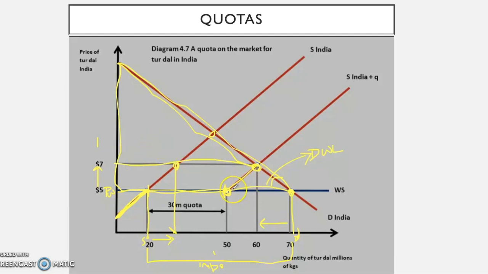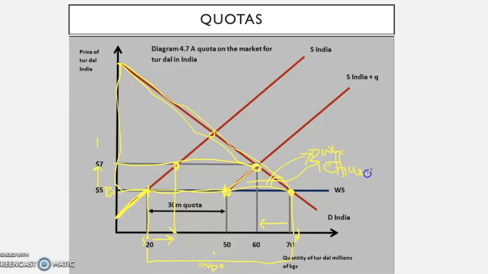Good. On this side of this triangle here, this is saying that these local producers should be able to produce the 20 needed. However, they can't, because they are not effective. So they can only produce 10. Again, we have a deadweight loss here, and this is because of efficiency. They're not using their resources properly.